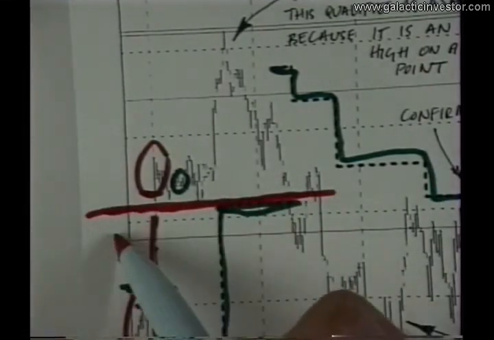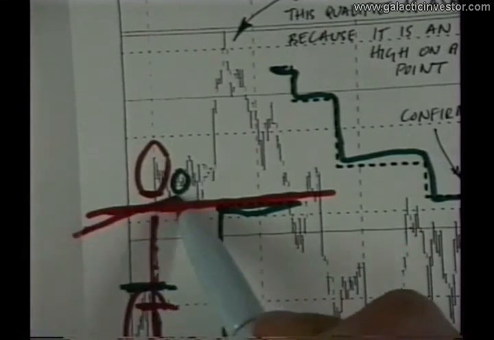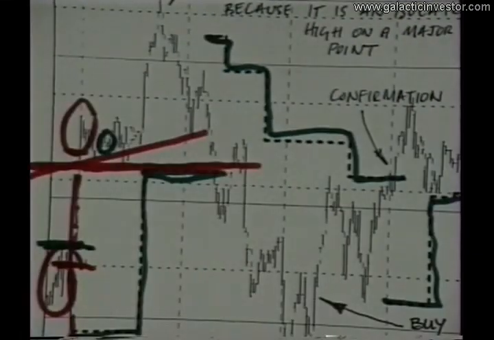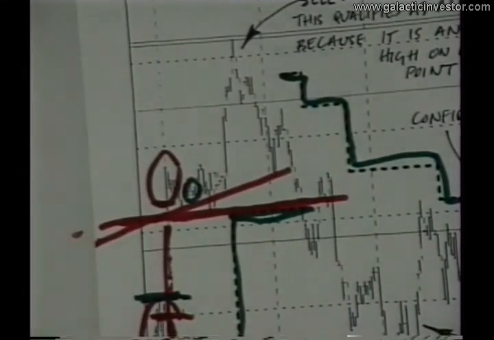Okay, and the moon line, the 30-degree moon line, was right like that. You see what it did? It gapped, opened right on top of it, and just rested on it for the first half hour of trading. And then once that energy started to fade, it took off and went to another planetary point.